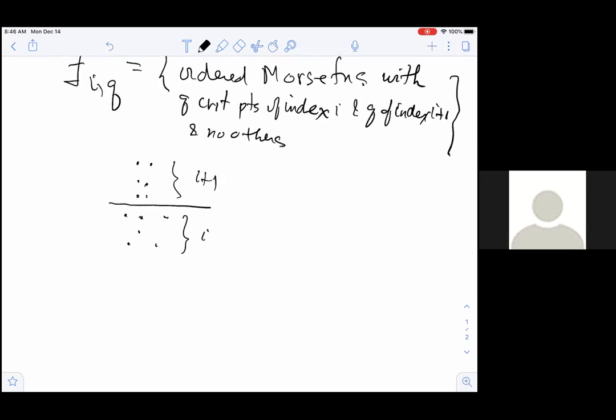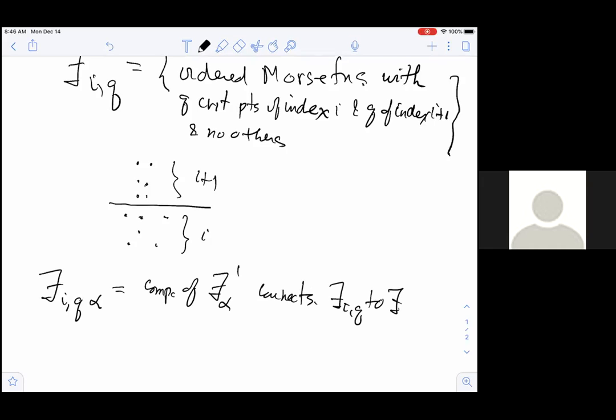Now we have to allow the birth-death singularities. So this is the component of births and deaths. Those are the first stratum in F with an alpha label, meaning that it's a birth or a death, that connects FIQ to FIQ plus 1.